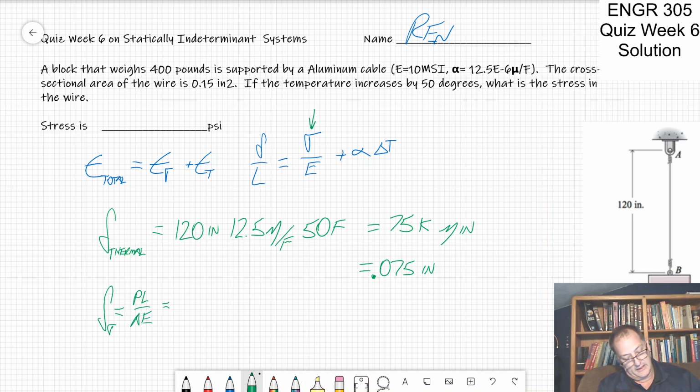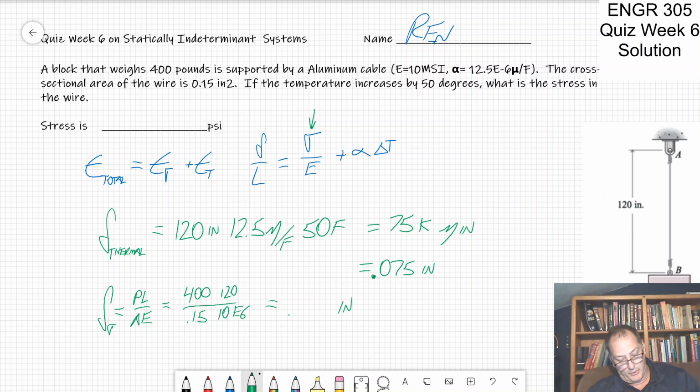And I'm going to calculate that as 400 times 120 over 0.15 times E, which is 10 MSI. I'm going to drop the MSI and I'm going to go E6. And I know that this is going to work out, my units are going to be in inches. Pause while I hit the calculator.